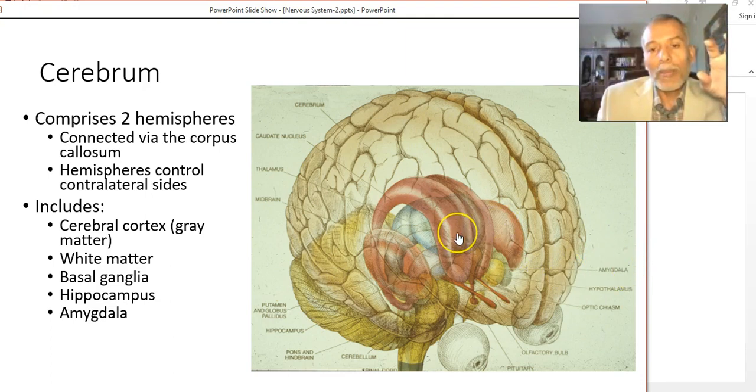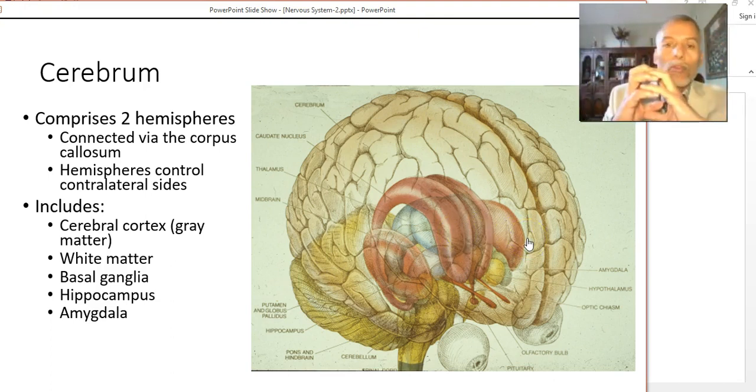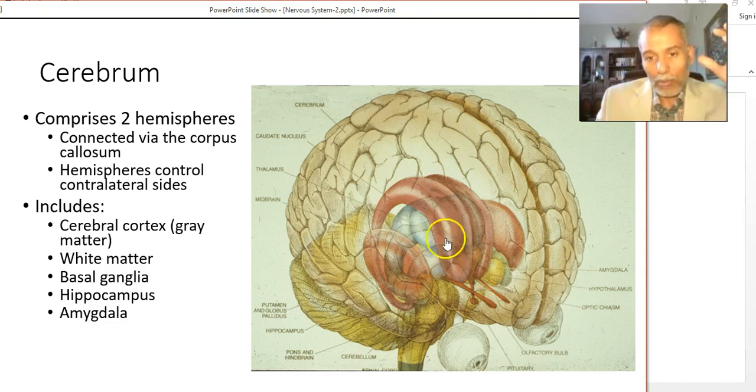These are called the basal ganglia. A ganglion is a cluster of bodies of neurons. Most of the bodies of the neurons reside on the cerebral cortex. Anything else that lives deeper in the brain as clusters of bodies of neurons, we call nuclei.